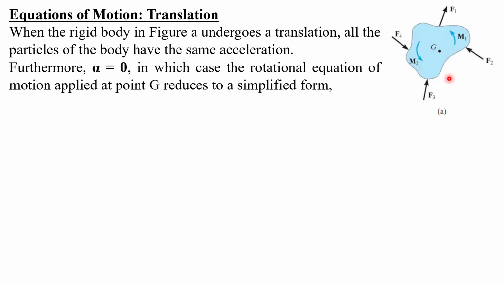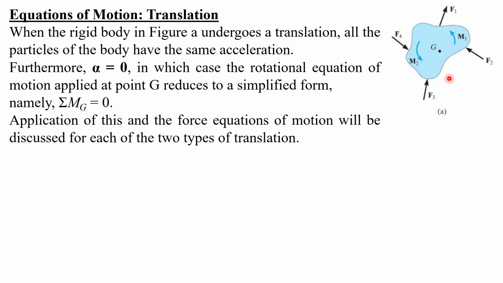Furthermore, alpha is equal to 0, in which case the rotational equation of motion applied at point G reduces to the simplified form, namely summation MG equals 0. Application of this and the force equations of motion will be discussed for each of the two types of translation. We have rectilinear translation, then curvilinear translation.